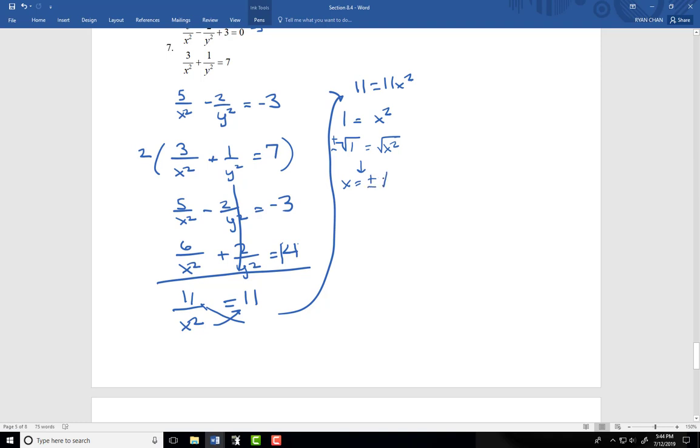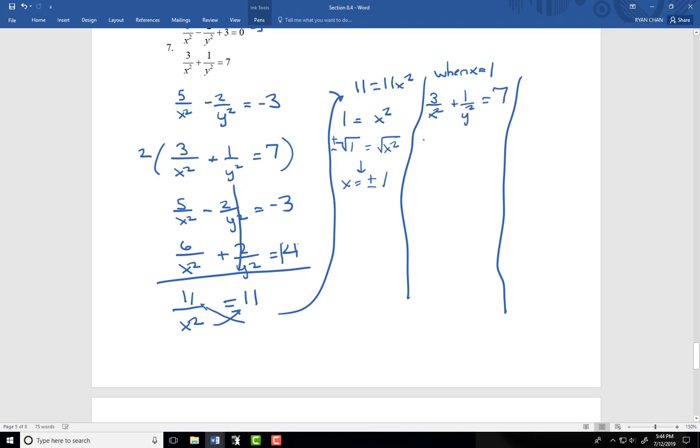Okay? So we're getting the same kind of case by case scenario. So what will happen when x is equal to 1? When x is equal to 1, let's plug it into the bottom one. So I have 3 over x squared plus 1 over y squared is equal to 7. So 3 over 1 plus 1 over y squared is equal to 7.